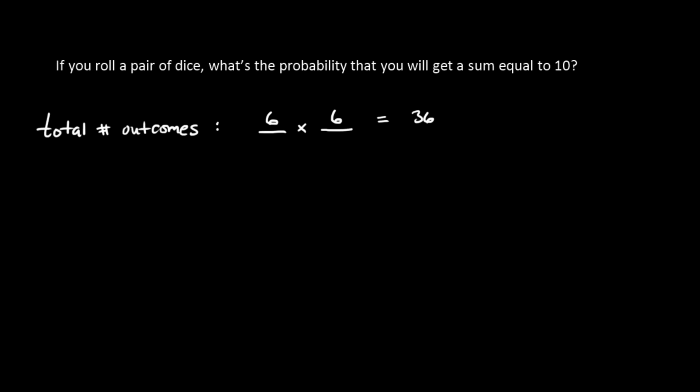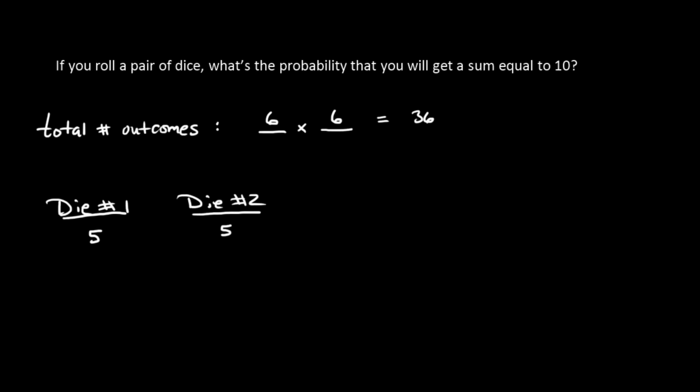So how many ways can we get a sum of 10? Well, maybe we'll look at it as just listing a face that could turn up on the first die and a face that can turn up on the second die. And if we keep the numbers 1 through 6 in mind, how can we get a sum of 10? Well, of course, we could have 5 on each of the die. There's only one way that can happen.